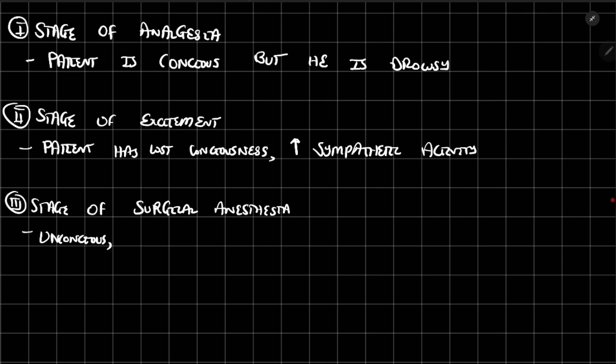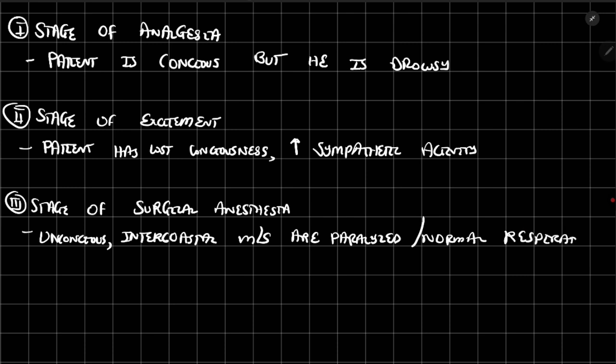Then the respiration which we observe in a surgical patient is normal respiration, meaning the intercostal muscles are not acting. What does it mean? The intercostal muscles are paralyzed, meaning to say it is a normal respiratory procedure. Then the reflexes are lost.